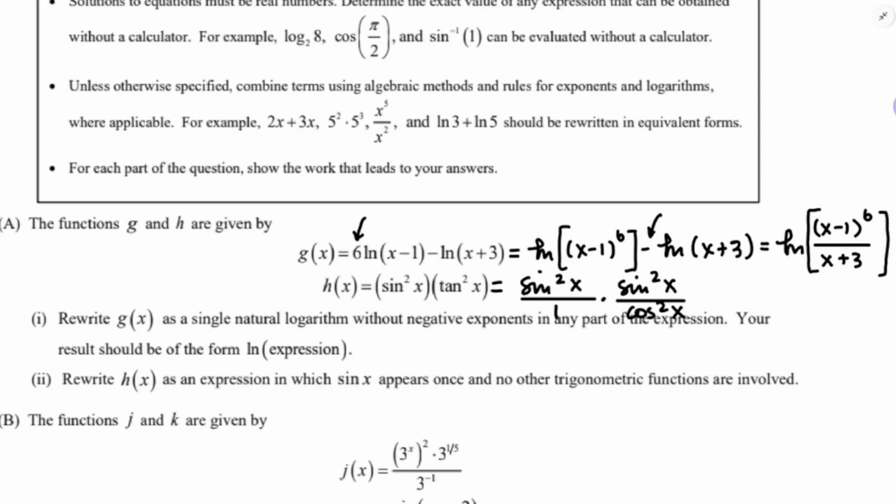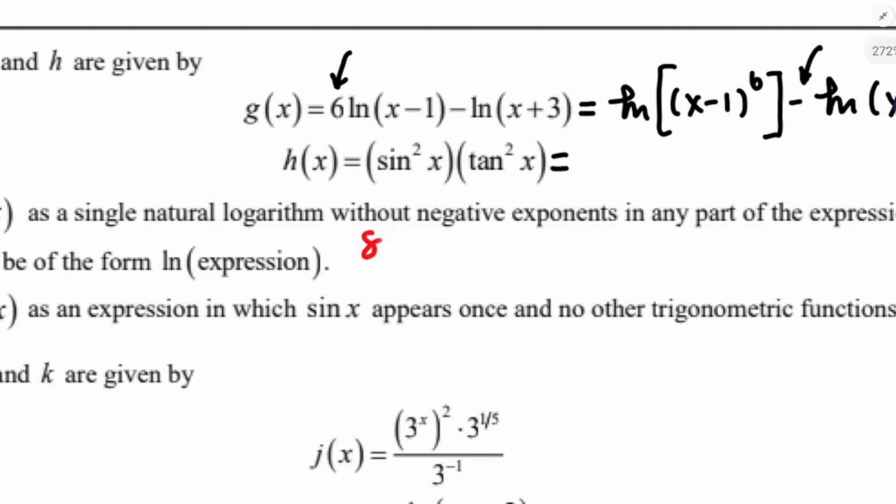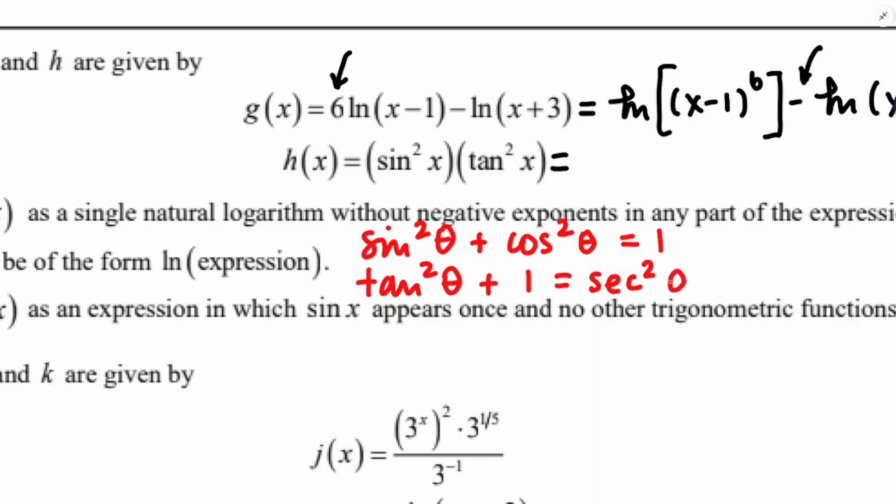Okay, so I'm going to go a different direction. I'm going to try to substitute on that tangent squared x and see what happens. So I'm going to go off to the side and say I don't remember the identity for tangent squared. I'm not even being coy, I just don't know it. But I know how to get it by dividing both sides of this equation by cosine squared theta. I'm not really sure how this is going to help me, but maybe it's there.